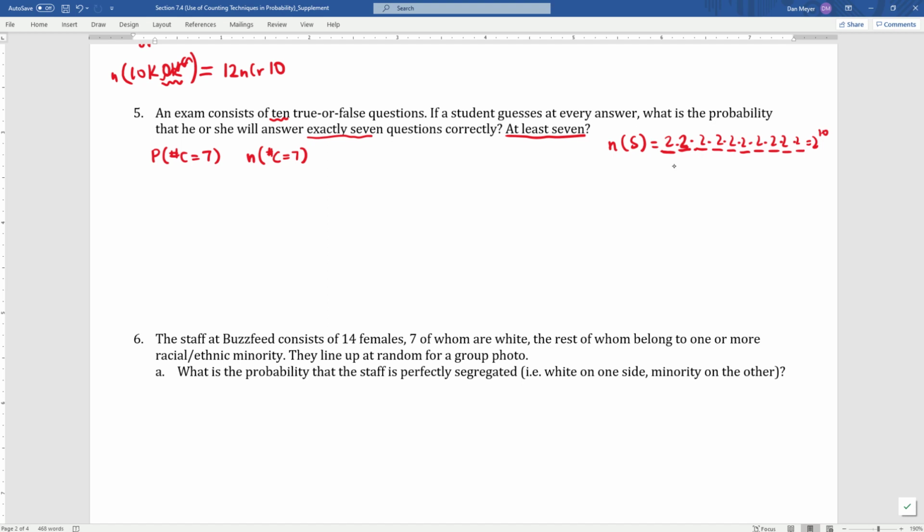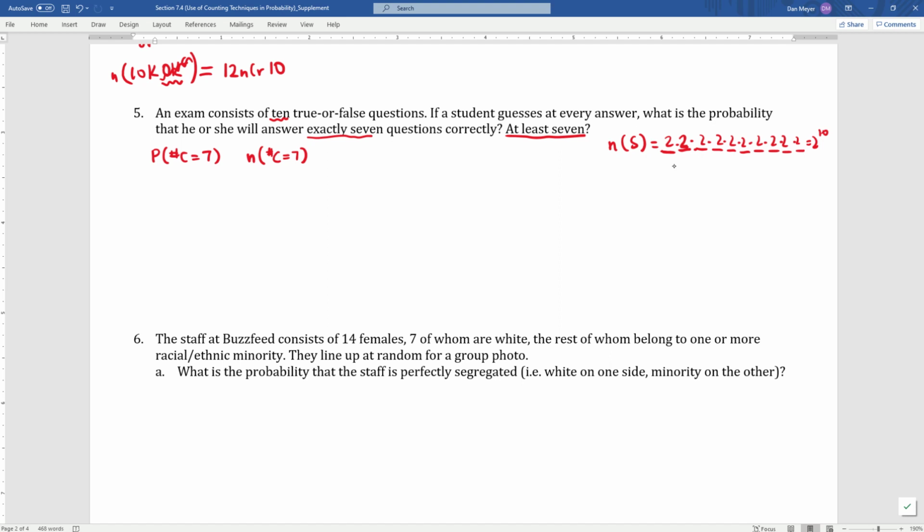The order in which we answer those questions doesn't matter. If I answer 1 correct first and then 2 correct second, that's fine. If I answer 2 correctly first and then finish the rest of the test and come back and answer number 1 correctly, I still get the same result. So the order in which we pick the questions to answer correctly doesn't matter.